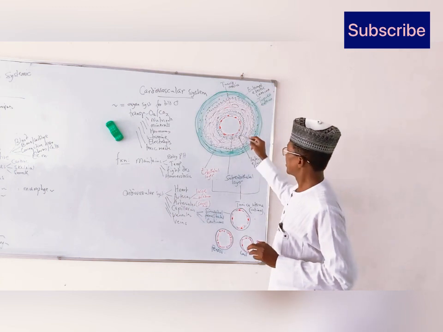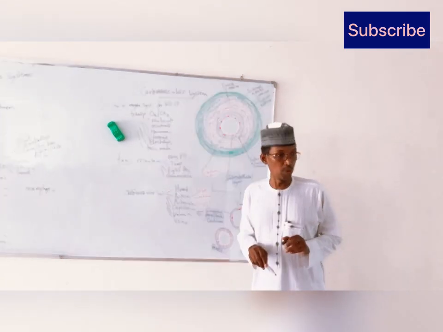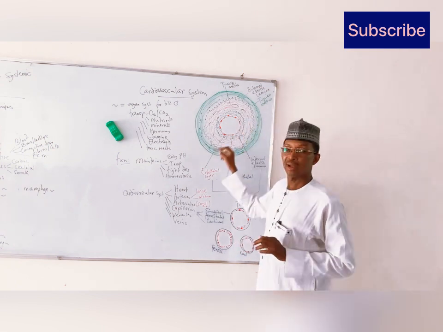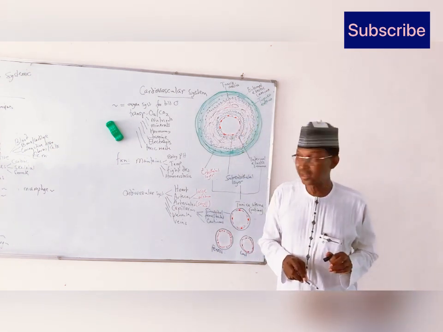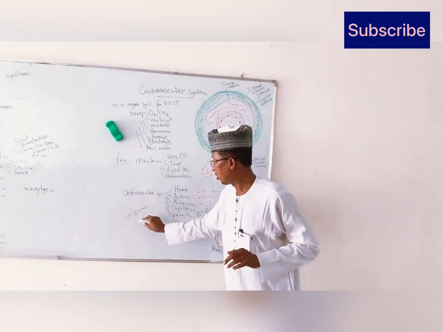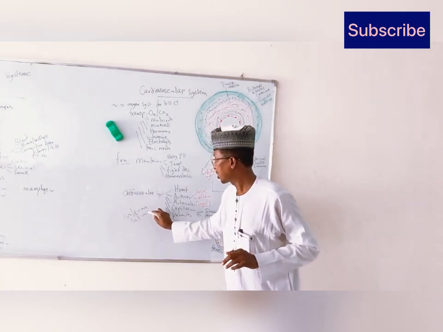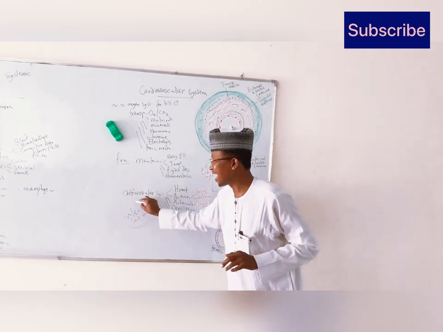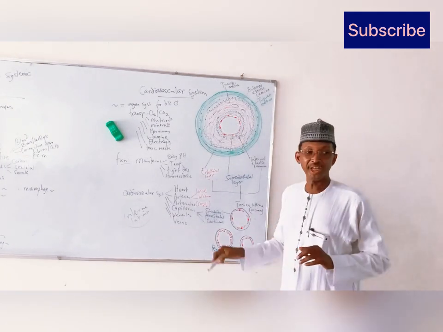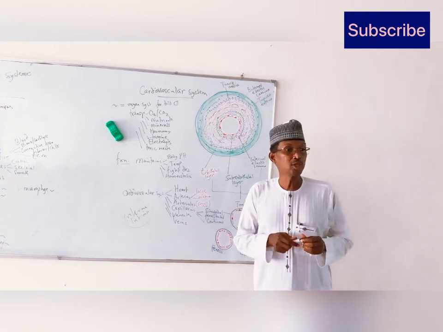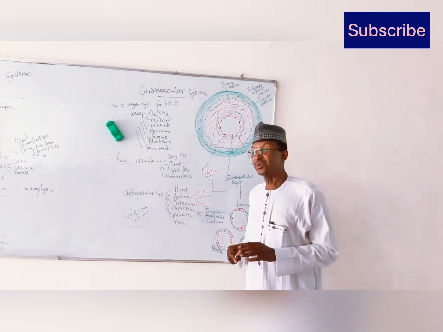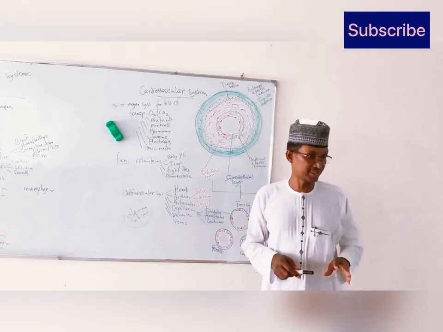What are these common structures that they do have? We have what we call tunica interna or tunica intima. That means we can call it tunica interna or intima. So that means there is an internal layer. This internal layer is made up of a simple squamous epithelium. You have already done epithelial tissues in your first semester.